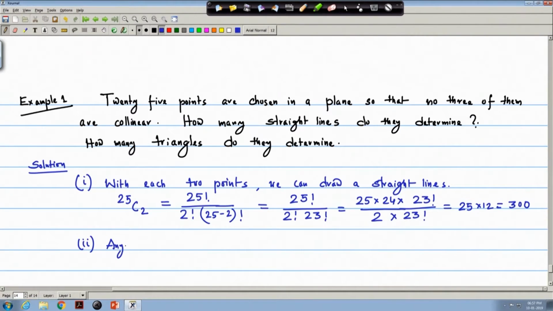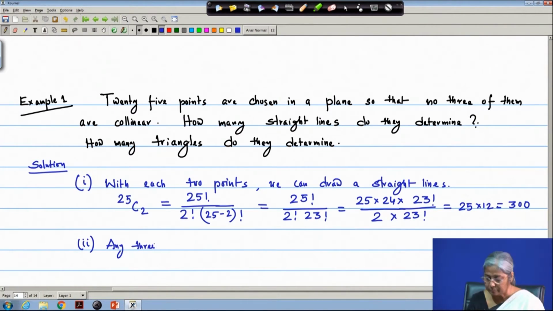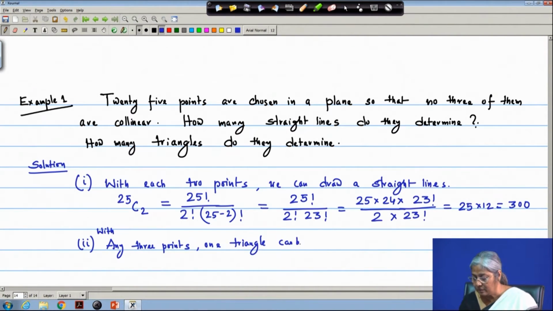So, the total number of combinations is simply, that means with any 3 points one triangle can be drawn. So, this is simply 25 C3, again in a similar way.